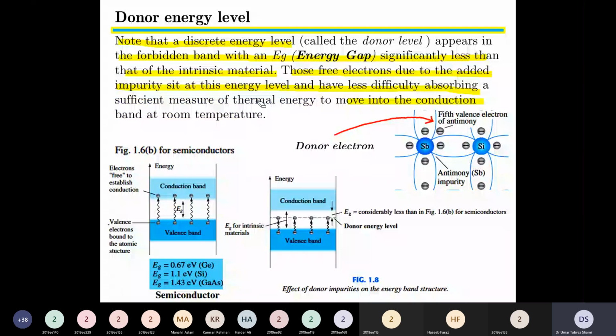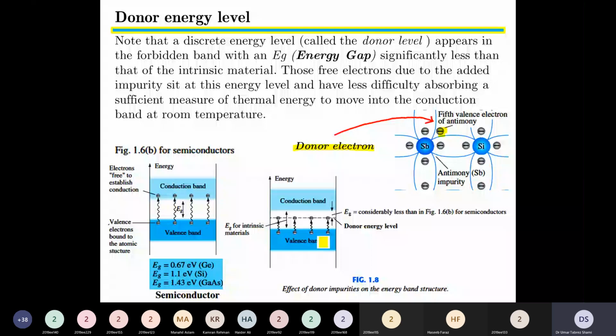Let us take the case of n-type material. In the n-type material, we have an antimony atom which creates 4 covalent bonds with silicon atoms, and there is a fifth electron available. Due to the availability of the electron, this is called the donor atom or the donor electron.